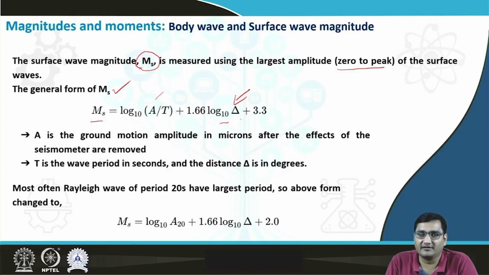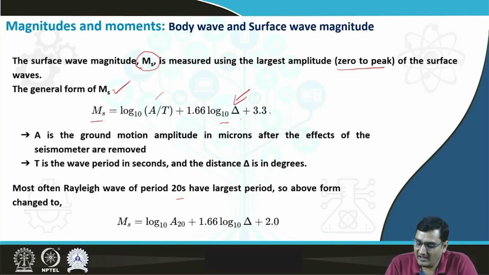is the distance in degrees. Most often we consider the period of the Rayleigh wave to be around 20 seconds, or you can say the 20-second period Rayleigh waves generally have the largest amplitude.